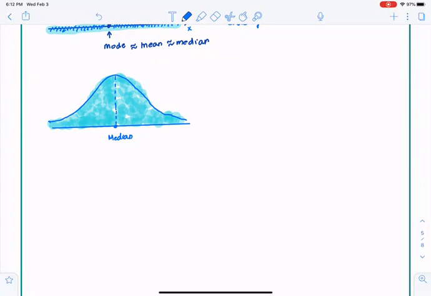So that's what we mean by 50% of the data on the left-hand side and 50% of the data on the right-hand side.